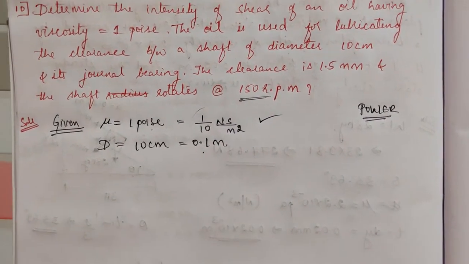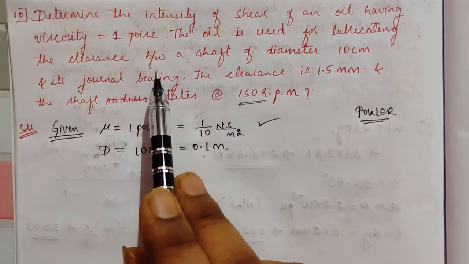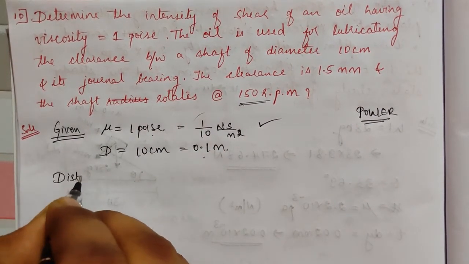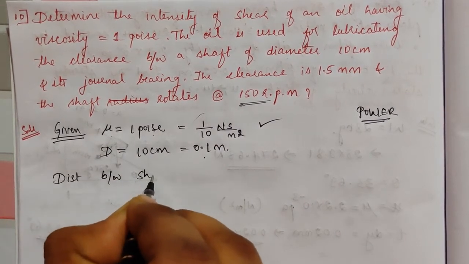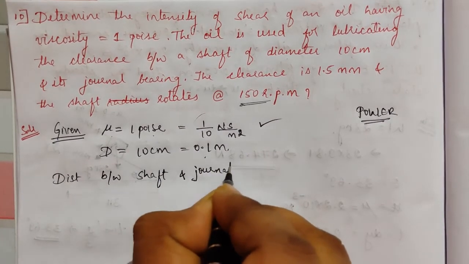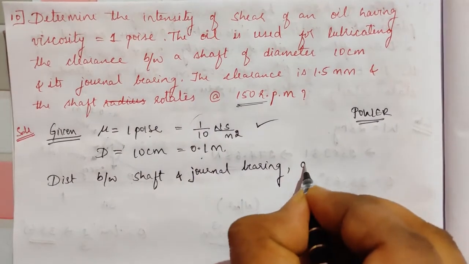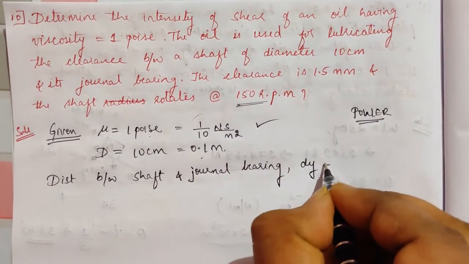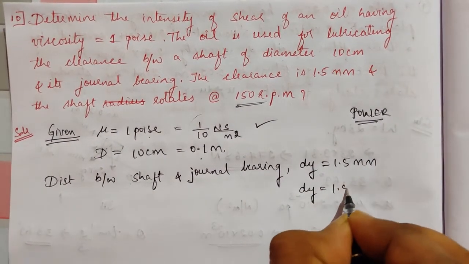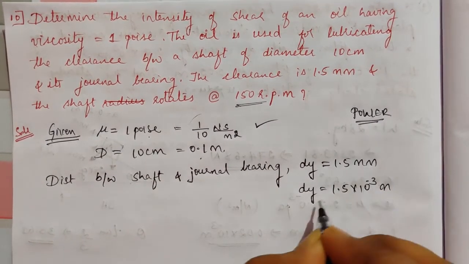Now what else is given? The clearance, the distance between the shaft and journal bearing, which I told is dy, right? So dy is equal to 1.5 mm, or dy is equal to 1.5 into 10 power minus 3 meter.